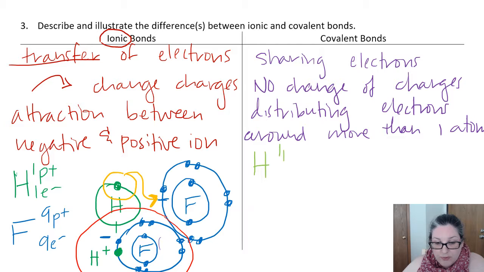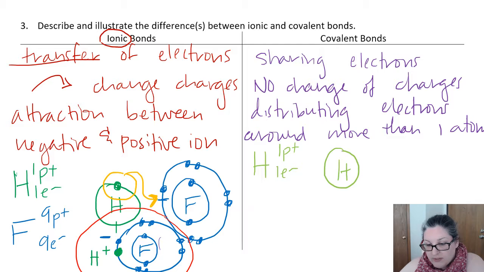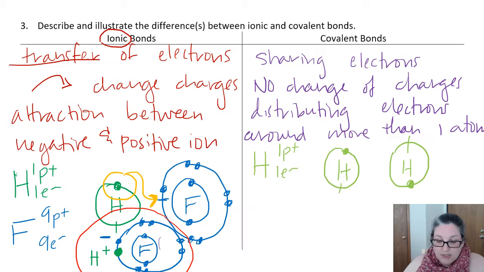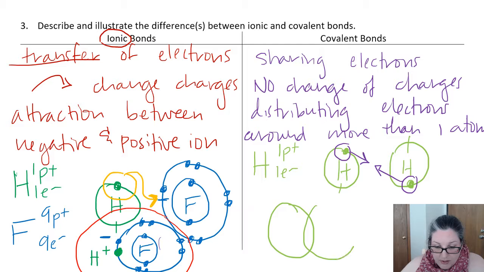We know that hydrogen has one proton and one electron. So if we have a hydrogen, I've already done this in homework and in class, but I'll do it again. Doesn't matter where you put the electrons, I'm just doing this for simplicity's sake. So these electrons are going to come together. Each electron is 1/2 of a covalent bond, because one covalent bond is 2 electrons, and they will form a bond together.